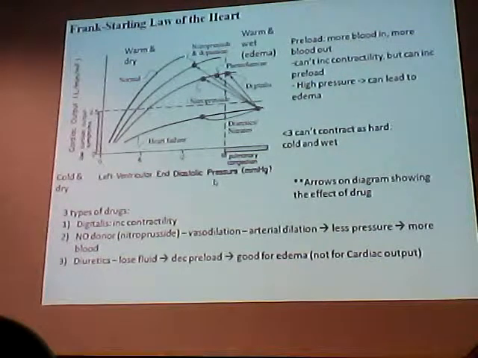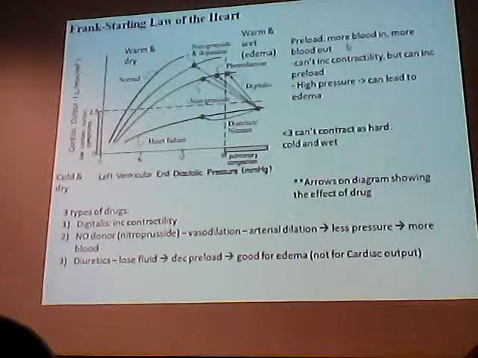You don't have edema or anything like that. So that's where the normal range is, warm and dry. You have warm and wet when you have edema in the heart or in the cells. You can have cold and wet, so not getting enough cardiac output, not enough blood getting to the rest of the body, or cold and dry, so not getting enough blood, but you don't have edema.